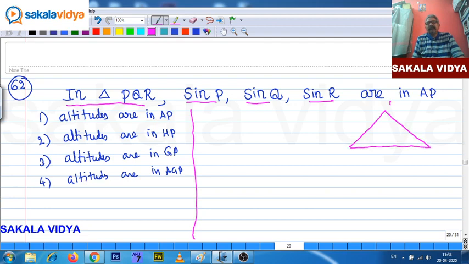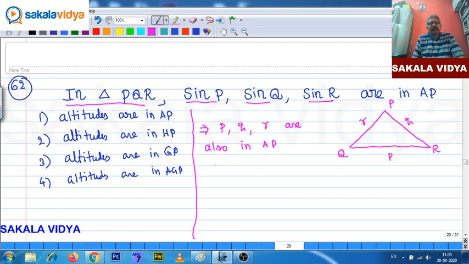This is P, this is Q, this is R. This side small p, small q, this is small r. Sin P, sin Q, sin R in AP means small p, small q, small r are also in AP.